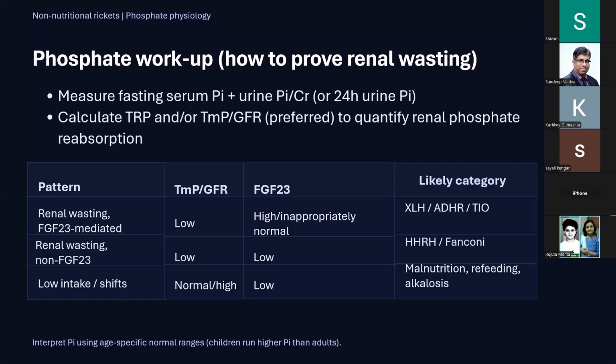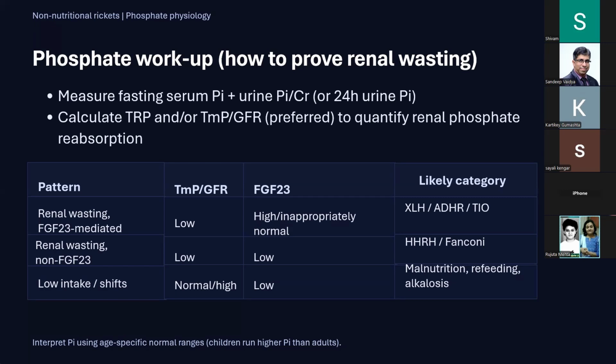Basically, this ratio is preferred because it also compares with the renal function. And thus, we can quantify whether renal phosphate wasting or reabsorption is occurring or not. So it's a marker for renal phosphate reabsorption.